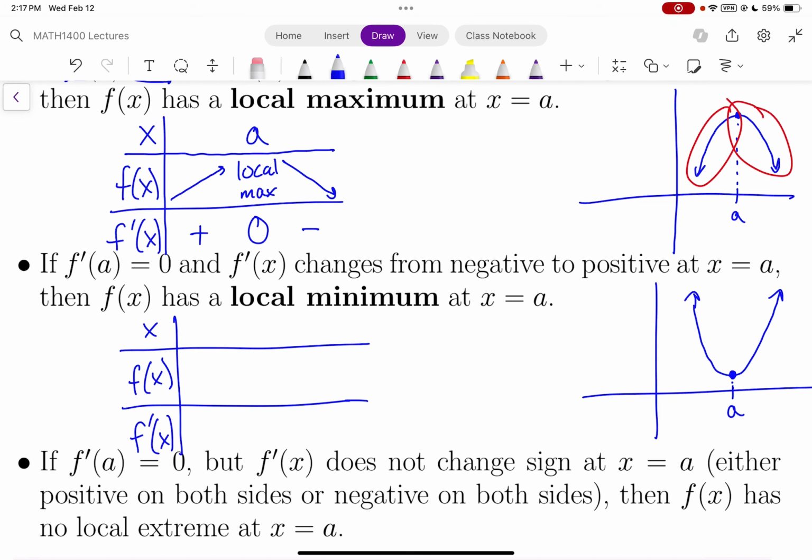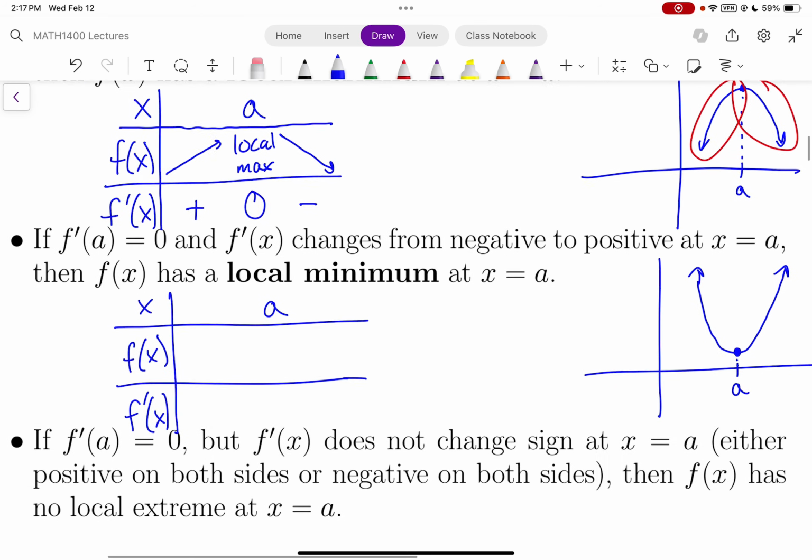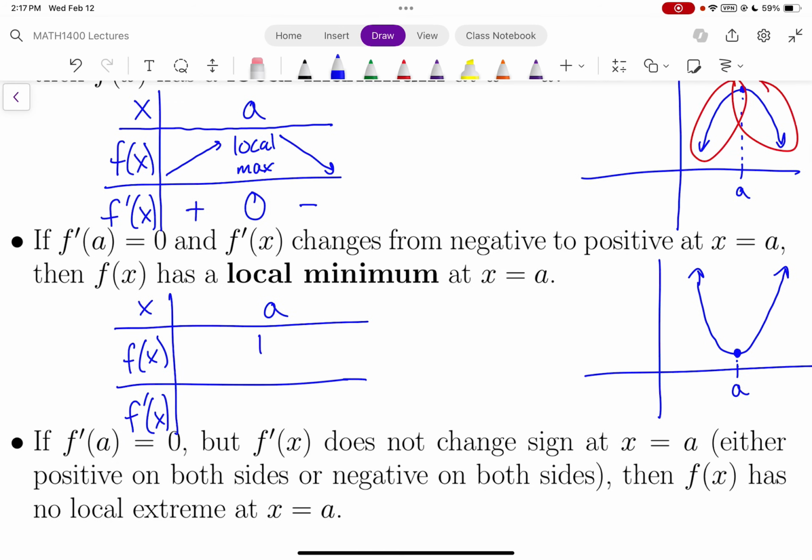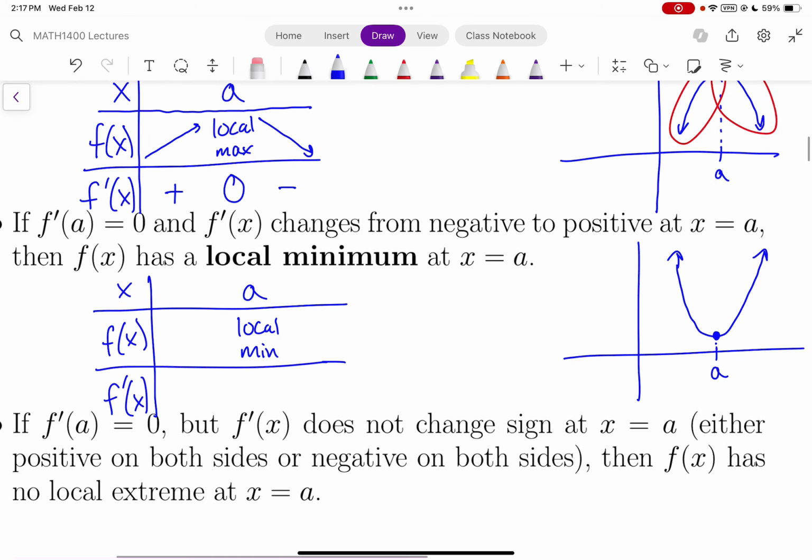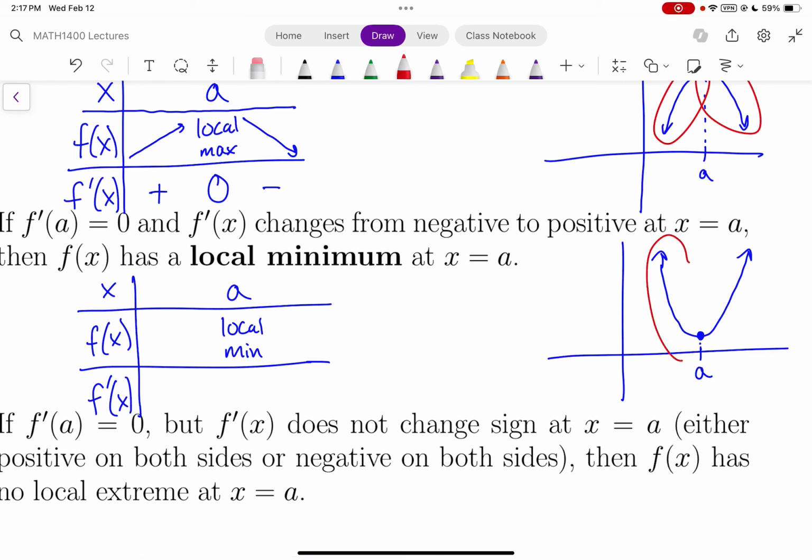And so when my x value is a, what's happening with my function? I have a local minimum. So what happens before a local minimum in this region? My function is decreasing. And then what happens over here? My function is increasing.